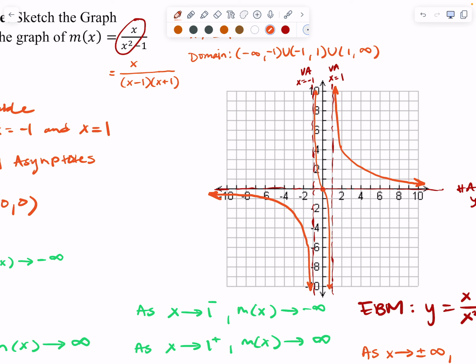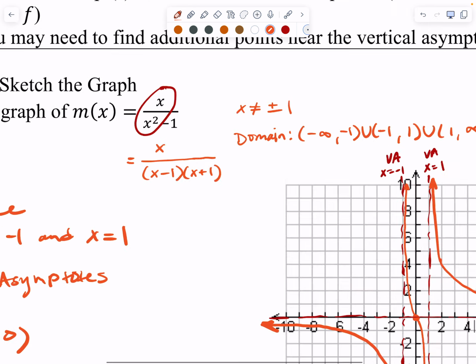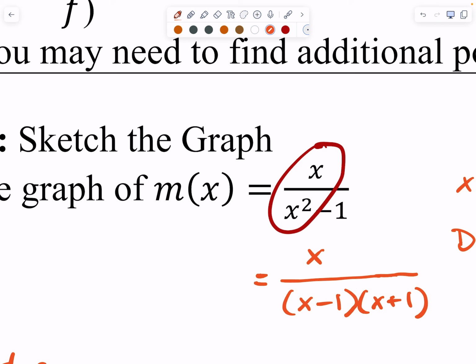Teo, can you explain again how you got the horizontal asymptote? Yes. So if this is our function, our end behavior model, like if we're thinking as x is getting infinitely large, infinitely small, is going to be the ratio of x over x squared. Are we comfortable with that? That will simplify to 1 over x, which means m of x has the same end behavior as y equals 1 over x.